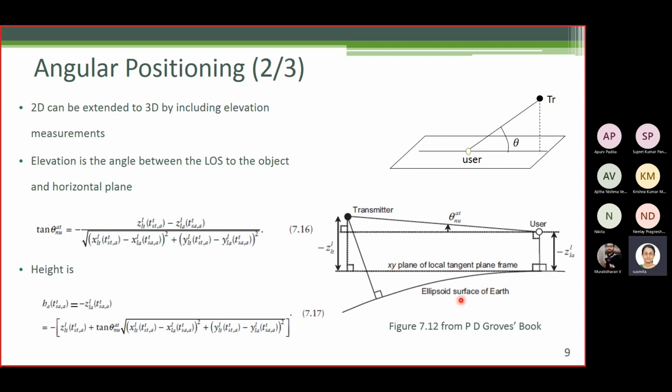Later we will see that the Earth's surface is modeled as an ellipsoid. For the time being, just ignore this. Some mathematical model is there. In the case of Earth, the ellipsoid is the most appropriate model. So we draw this plane tangential to the Earth's surface. We call this the XY plane of the local tangent frame.